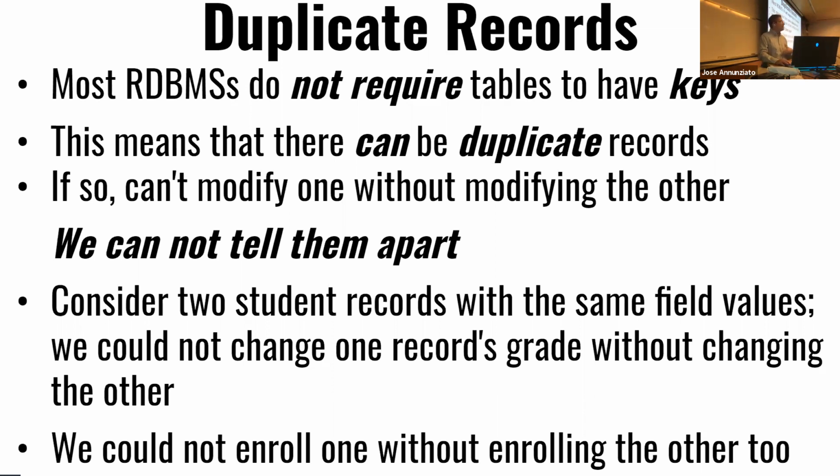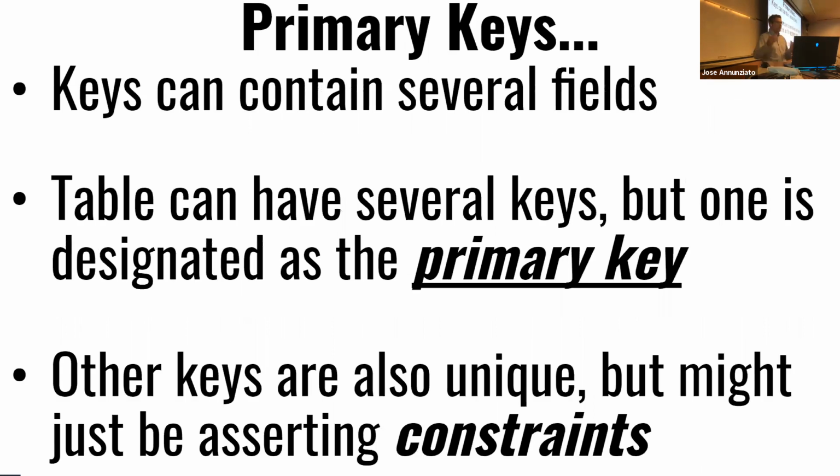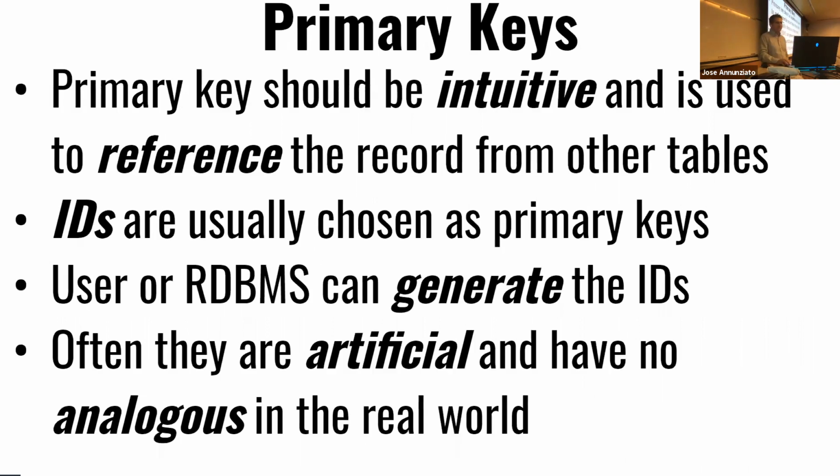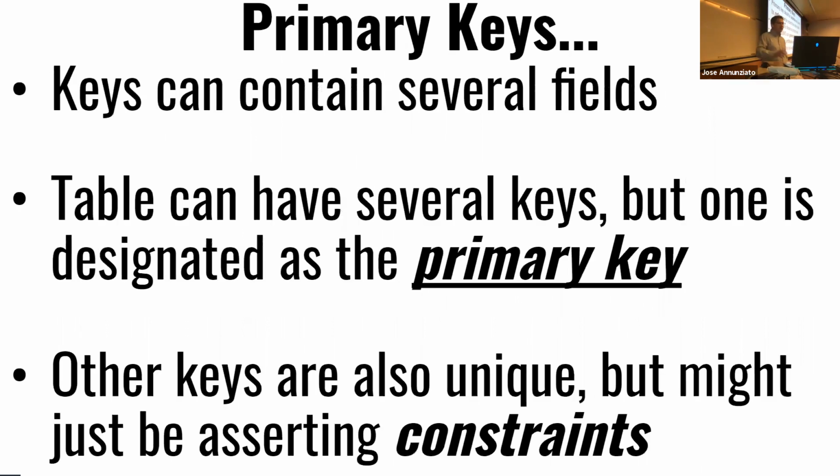The conclusion is that we should always add the constraint that records should be unique, and the way we do that is typically by using primary keys. So a primary key is an example of a constraint. Before, this field was fine, not constrained, and you could have values that repeat.